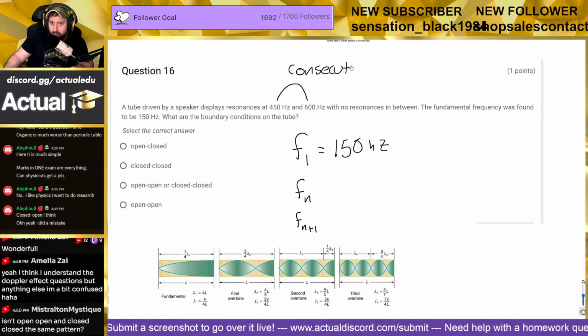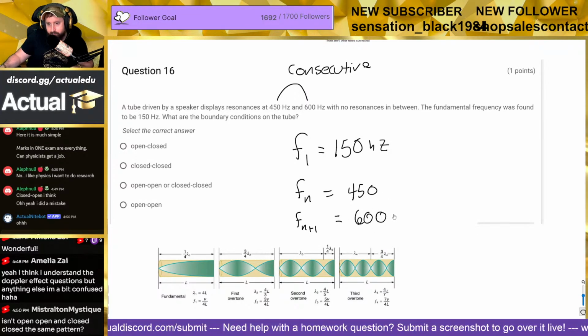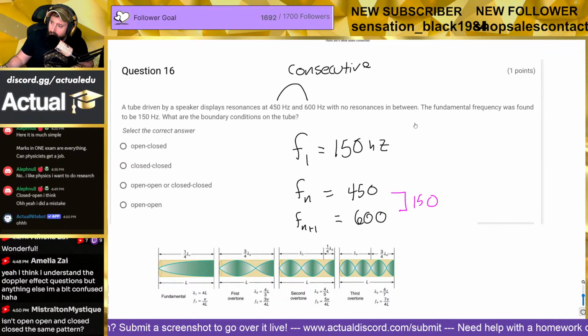They're coming one after the other, right? So that's going to be equal to 450, and then that's going to be equal to 600, okay? Well, this difference here, 150, is the same thing as the fundamental, okay?